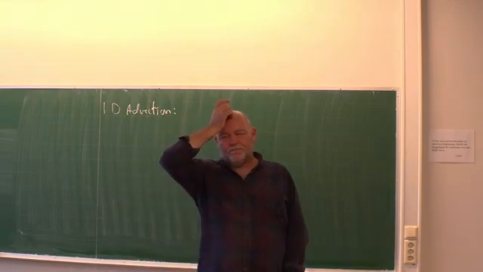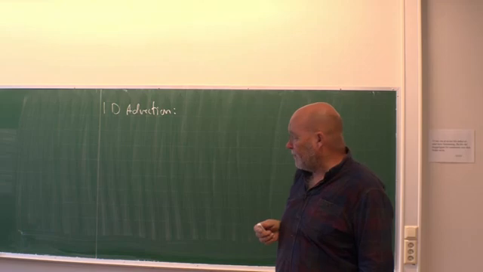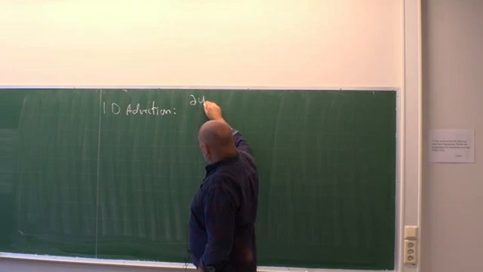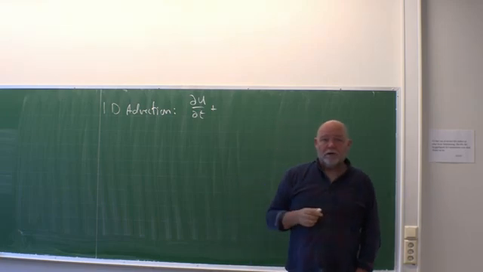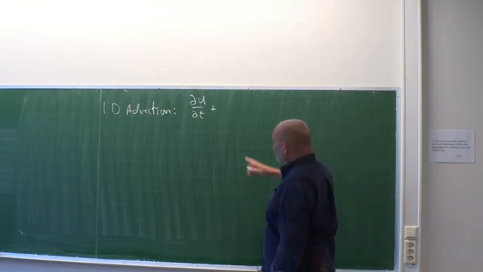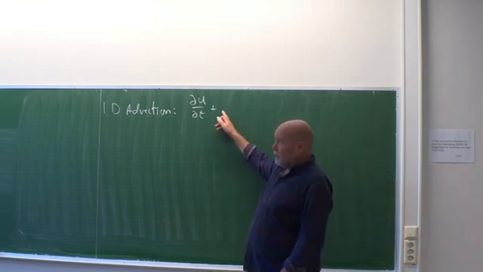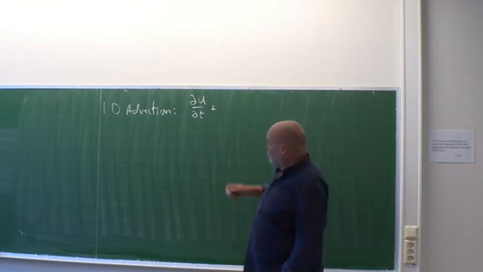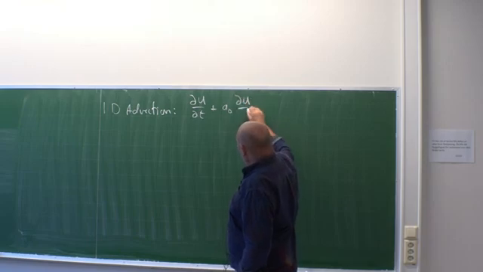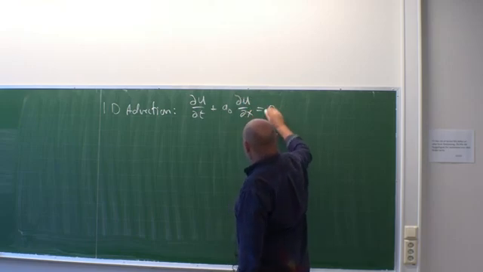One-dimensional advection equation, sort of the first two terms in a Navier-Stokes. So you have a time derivative of something, we can call it a velocity, and then you have a nonlinear term in a Navier-Stokes. If it were velocity, you would write u times du dx. Here we cheat, so I have something constant, du dx equals 0.